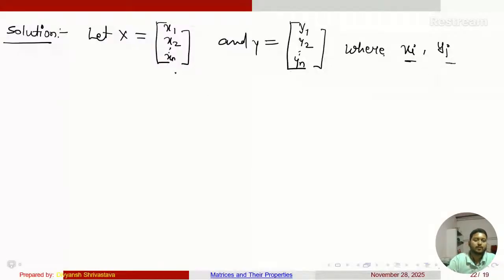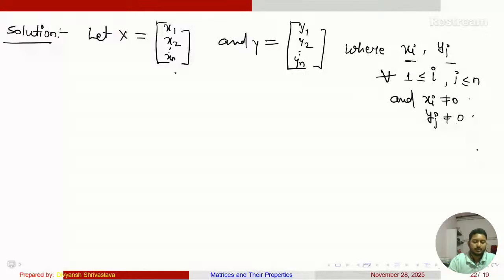For all i less than or equal to n, and j less than or equal to n, xi is not equal to 0 and yj is also not equal to 0.